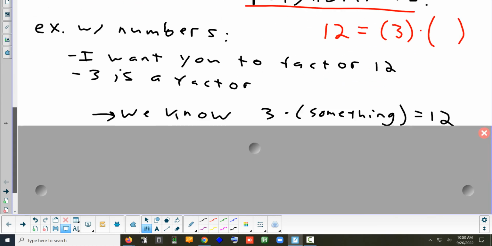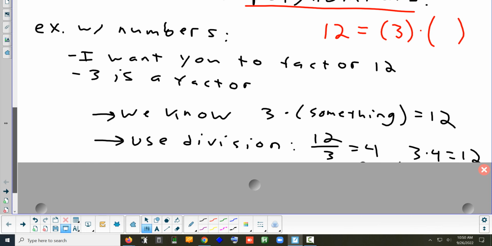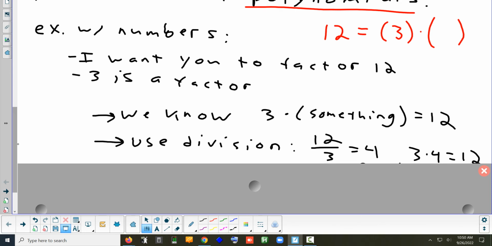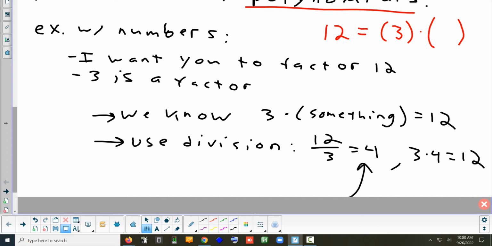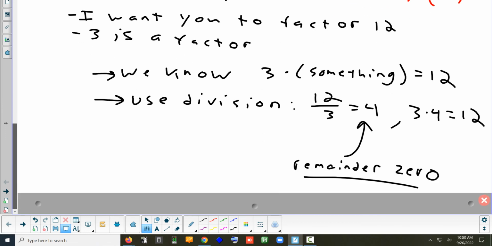Right. You could take the 12 and you could divide by the 3 because you know 3 times something is going to give you 12. So to figure out what the something is, divide both sides by 3 and you get 4. And that tells us the other factor. So we had to use division. We didn't use long division, but we used division.